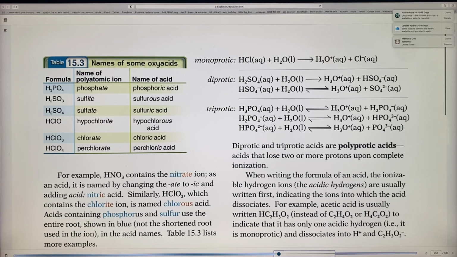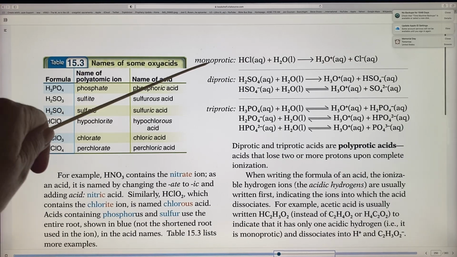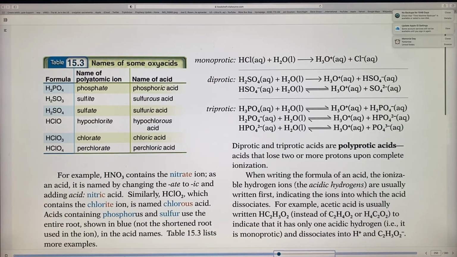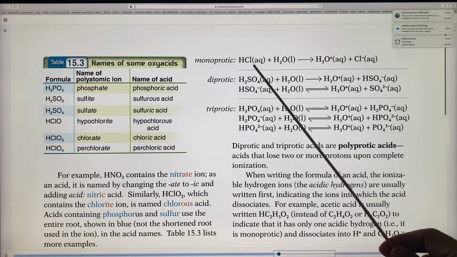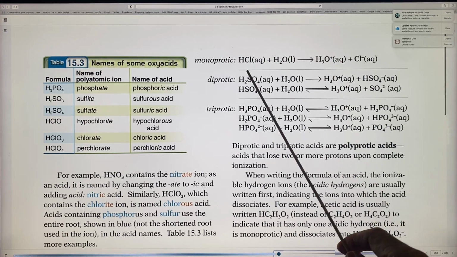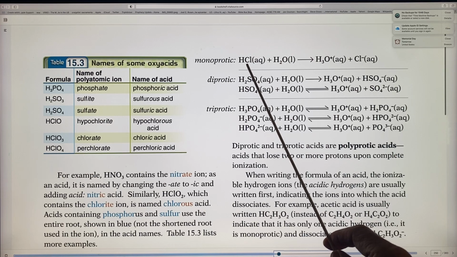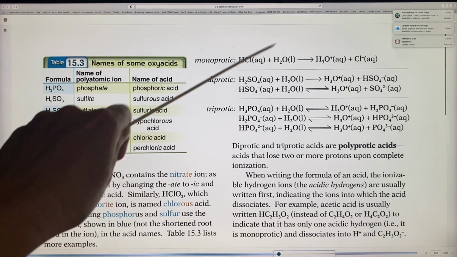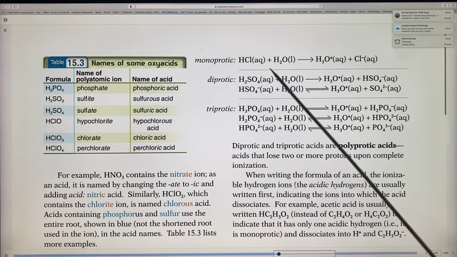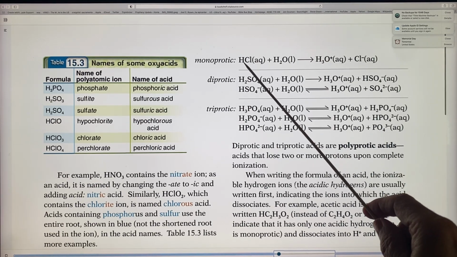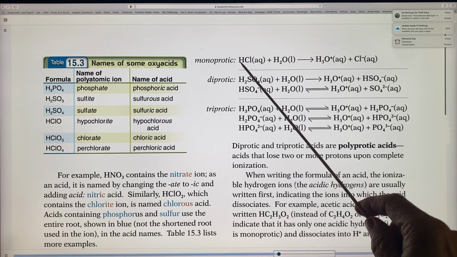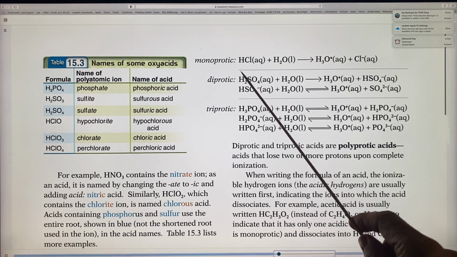Here's the formula of these 4. Here's a monoprotic. You see hydrochloric acid, and it's losing just 1 hydrogen. It looks complicated, but the way I do it is I just look here, and you'll see this is just 1. So if there's only 1 hydrogen in the front, it's going to be mono. Look at this equation.